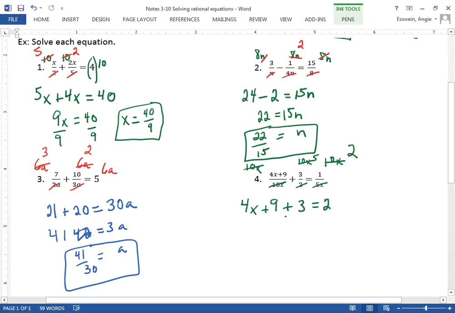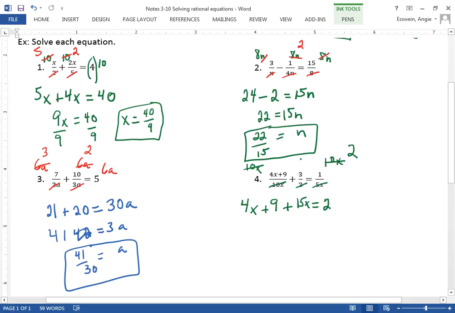Plus 15x. 2 goes in that 5. Yes, plus 15x. Awesome. 15x equals 2. So you have to be neat about it so you don't miss something. So let me just rewrite that.